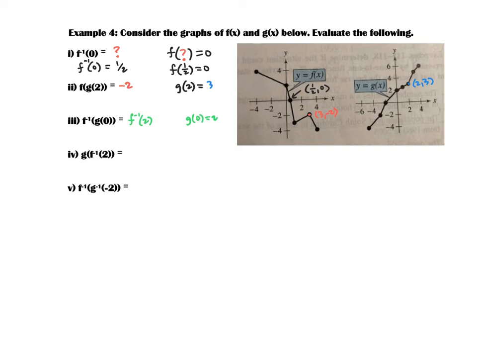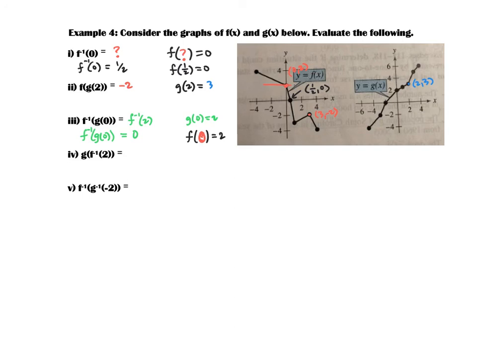Well, if I want to know what f inverse of 2 is, I want to know f of what gives me 2. As I look at f, it looks like the only output equal to 2 would be here. Therefore, 0, 2 would be our solution there. Therefore, f of 0 is 2. Thus, f inverse of 2 equals 0. Therefore, f inverse of g of 0 equals 0.